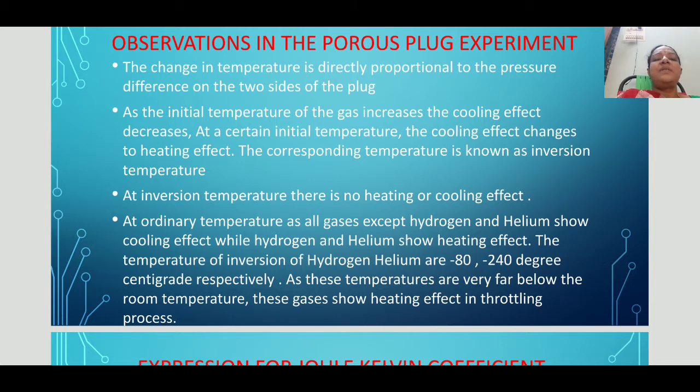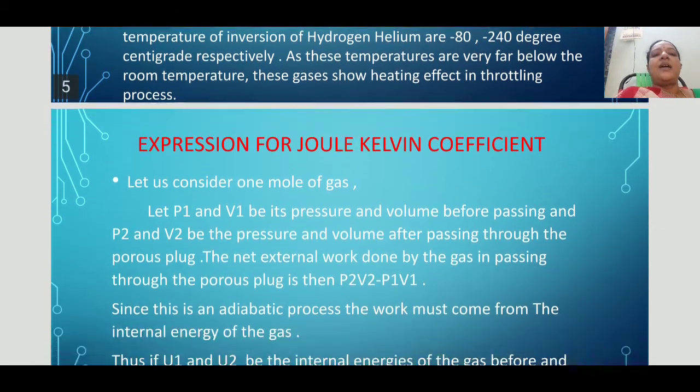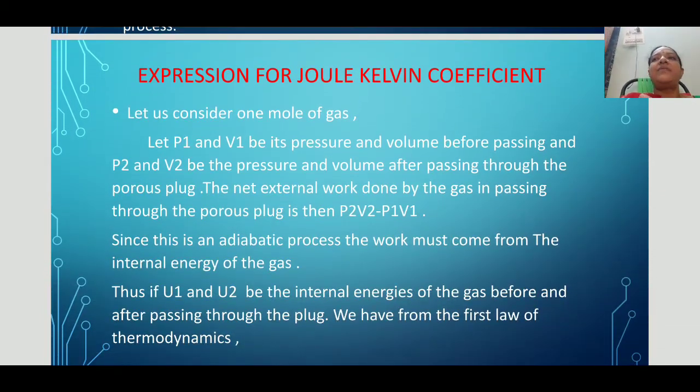These are the observations made in the porous plug experiment. Mainly, this change in temperature depends upon the pressure difference of the two sides of the porous plug. After understanding these observations, let us try to derive the Joule Kelvin coefficient, because when gases pass through this porous plug, they may get cooled or they may get heated.